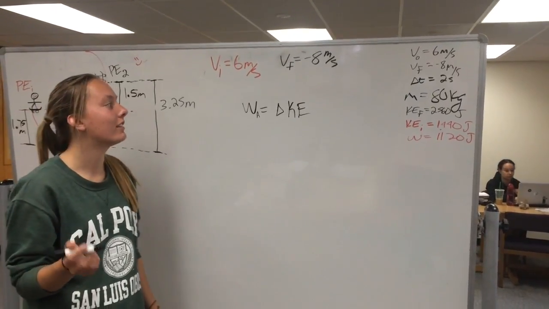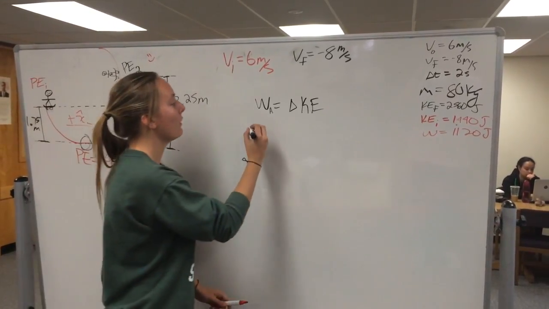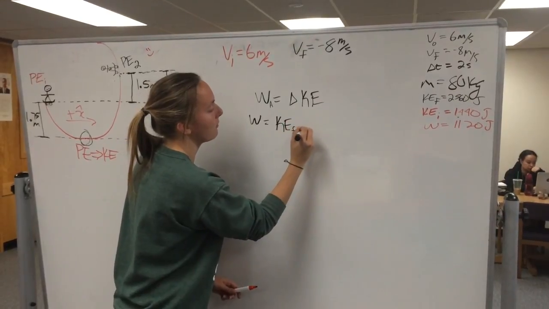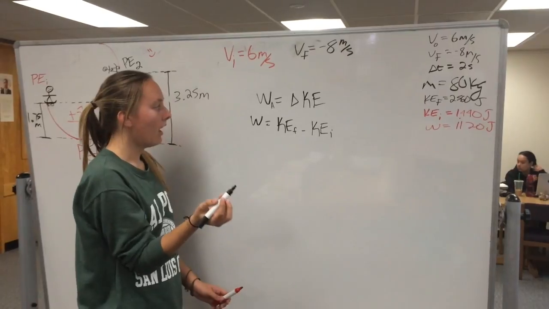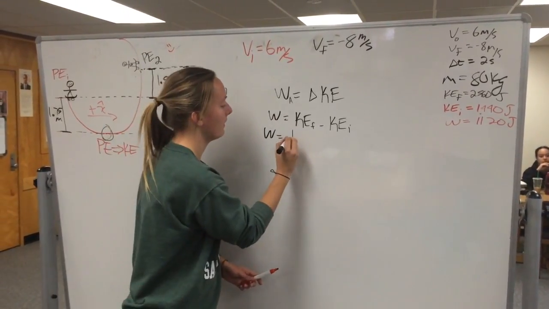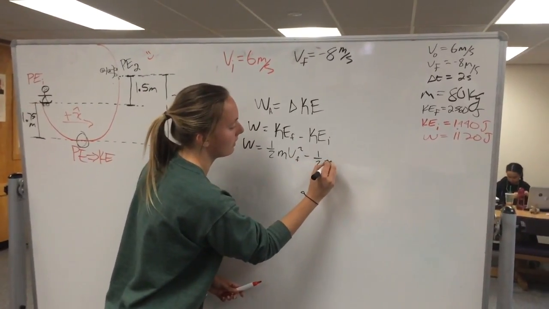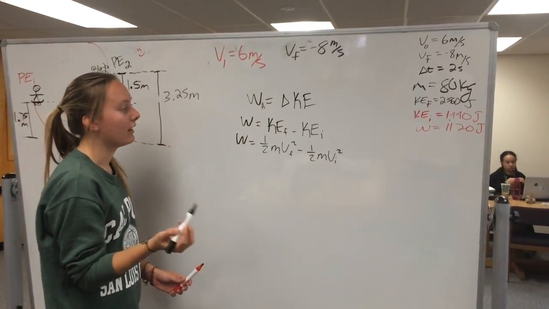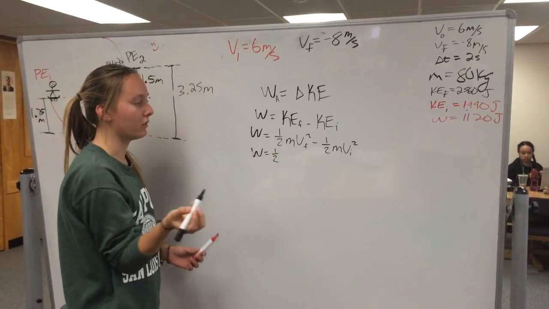Continuing with the energy lens, we can find out the work Austin does from pumping. We know that work is equal to kinetic energy final minus kinetic energy initial. And we know that kinetic energy is equal to 1/2 mv squared. So we're going to use our final and initial velocities. We know that Austin weighs 80 kilograms, so we can put these values into our equation.